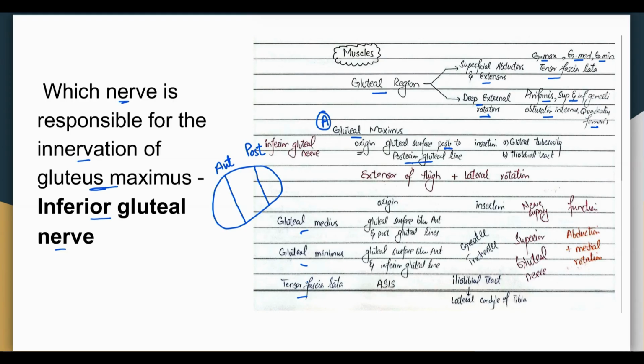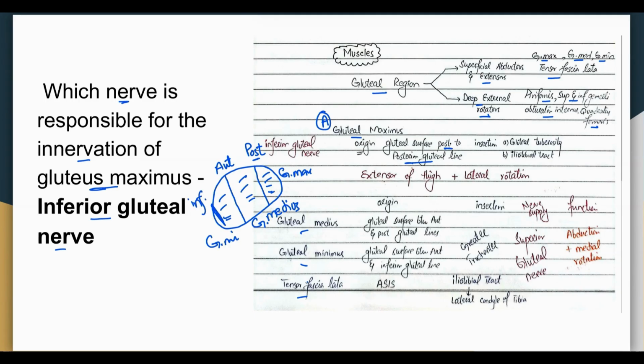The muscle which is present posterior to the posterior gluteal line in this region will be the gluteus maximus muscle, and gluteus medius will be present between the anterior and the posterior line. Now this one will be the gluteus medius, and the gluteus minimus that is present over here will be present between the anterior and the inferior gluteal line. So the third line is the inferior gluteal line.